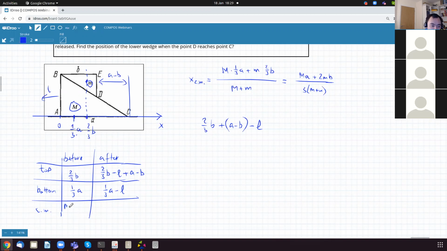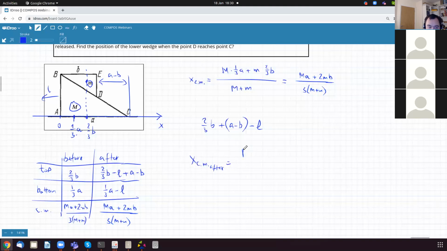Okay, so it's MA plus 2MB over 3M plus M, and it's the same here.